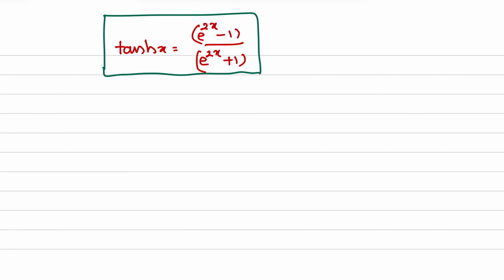The x value can be anything. x is equal to 1 we have derived. It can be x is equal to 2 also. From there also we can find out. This is the important concept we have derived from the definitions of sinh x, e to the power of x minus e to the power of minus x by 2, and cosh x, e to the power of x plus e to the power of minus x by 2.